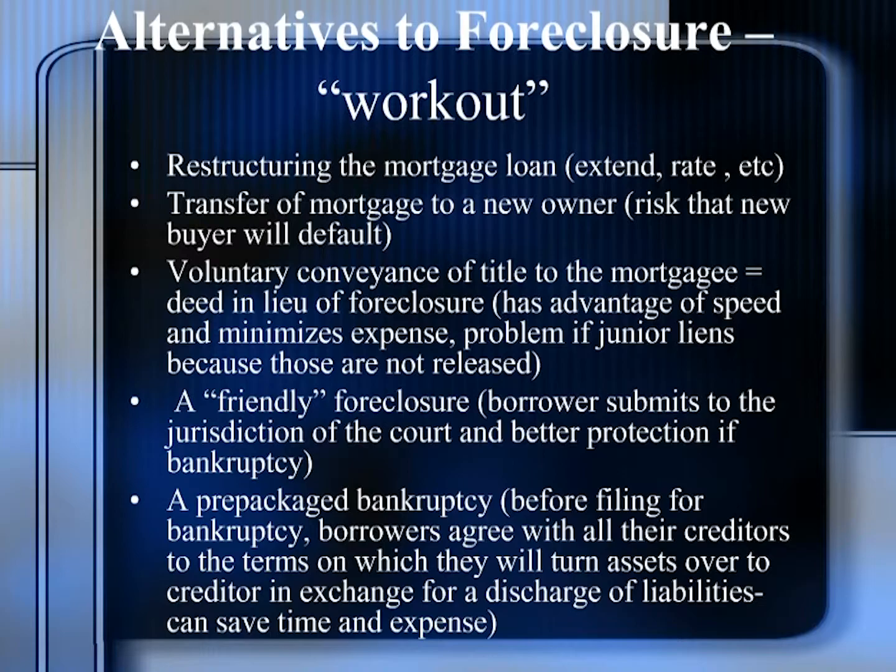Foreclosing is very expensive, so banks would rather work out an alternative, or a workout, I should say. Some of these would be restructuring the mortgage loan, so if you had 25 years left on your mortgage, maybe they write another 30-year or 40-year mortgage. Maybe they give you a reduced rate for the next 3 to 5 years, and then kick it up after that.